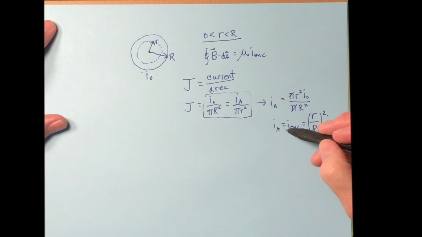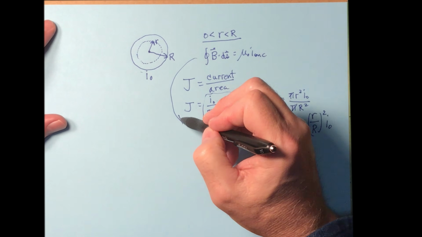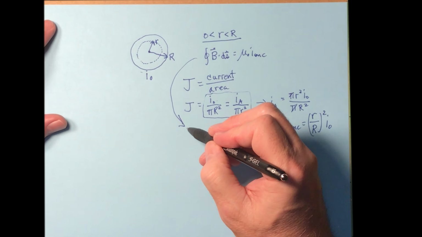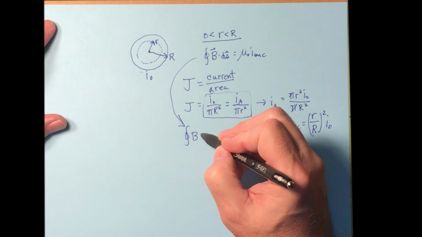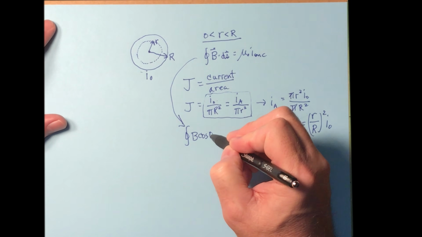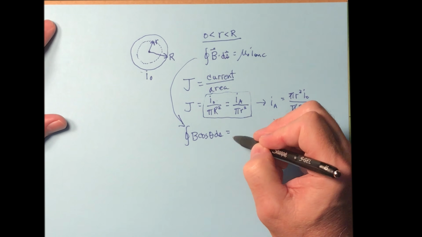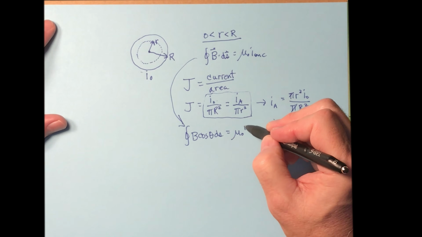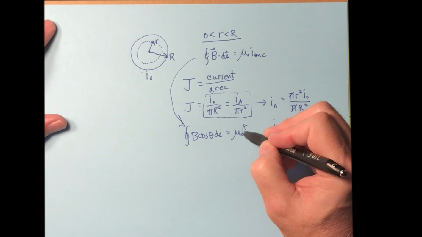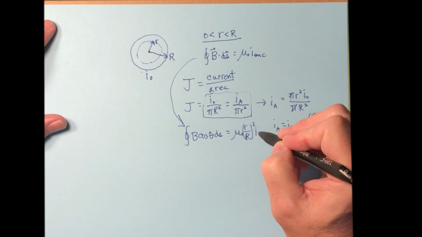So that's the amount of current that's enclosed inside our Amperian loop. So let's take our equation now, bring it down here, closed integral. Let's go ahead and separate the dot product. B cosine theta ds is equal to mu naught times I enclosed, which is r over big R squared times I naught.